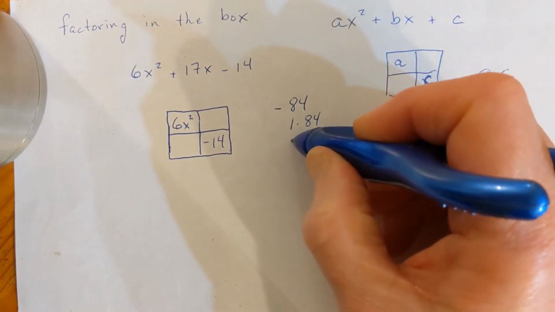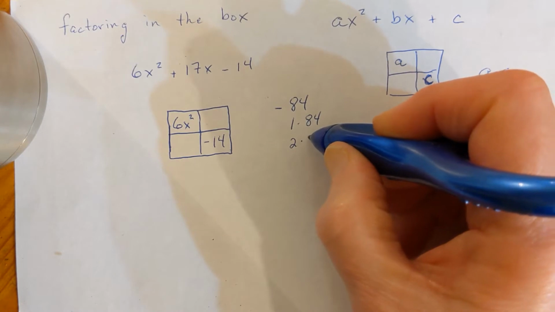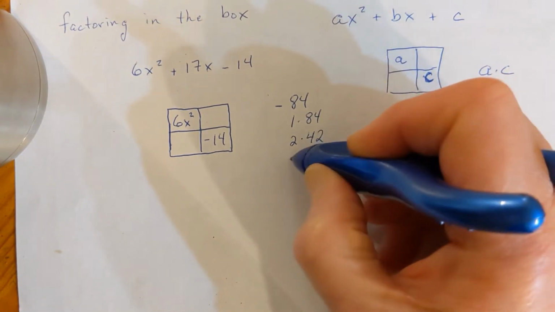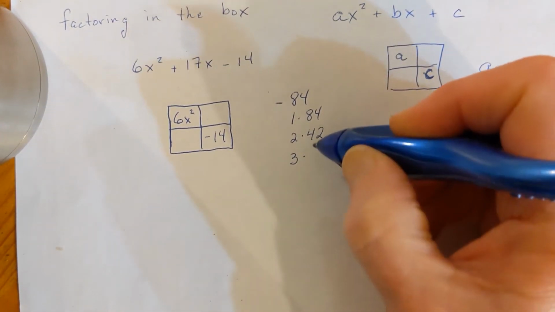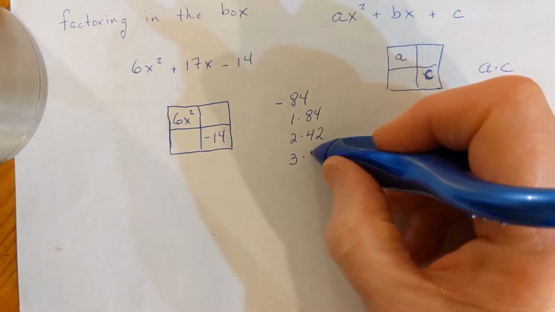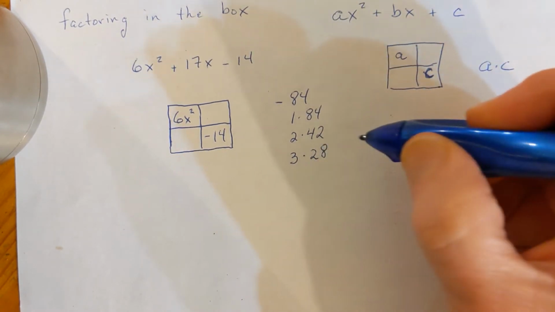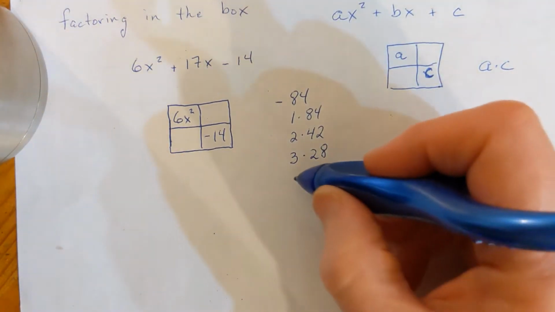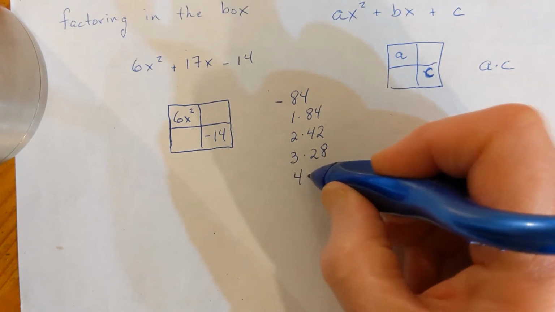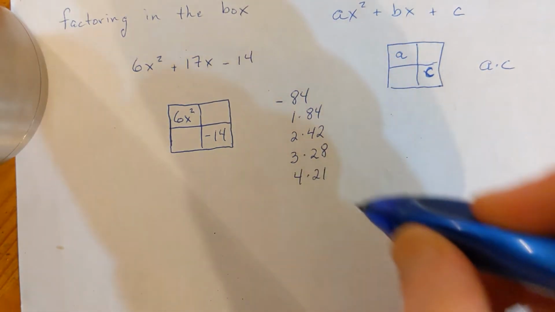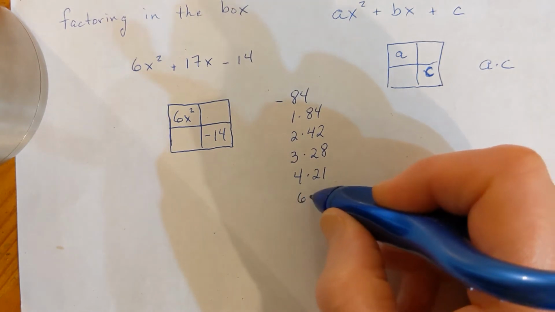I always do this systematically so that I know I have all of the factors. Otherwise, I'm guessing and checking, and I'm trying to remember, well, which ones have I tried and which ones haven't I tried, and it gets frustrating.